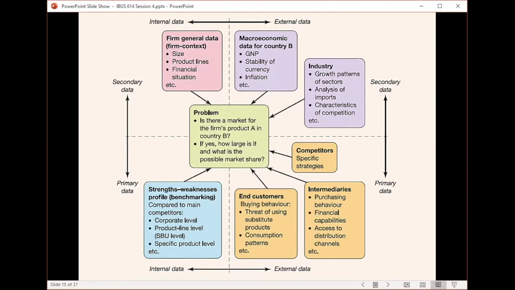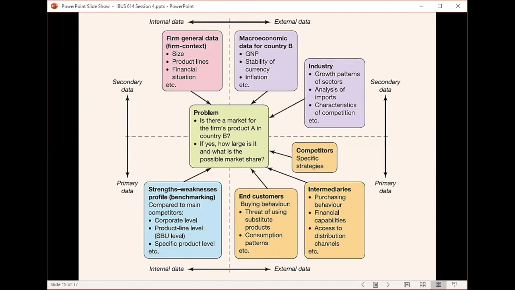And the regulations also make it difficult for them to open up their own shops there. So in that case, they have to use intermediaries. Knowing that they cannot import into the country at a low cost and do not have the opportunity to set up their own shop, they have to do primary research to identify the kinds of intermediaries that are there and which ones will be relevant for them to use to sell their product, right?